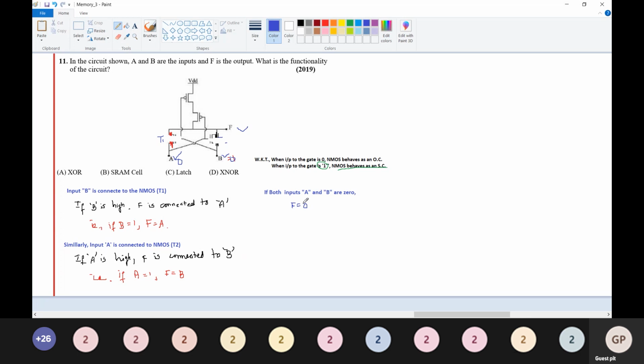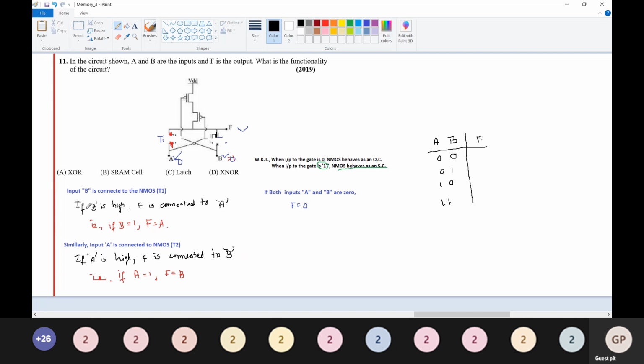So now we'll check this with our truth table. We have two inputs A and B with the output. The possible combinations are 0 0, 0 1, 1 0, and 1 1.